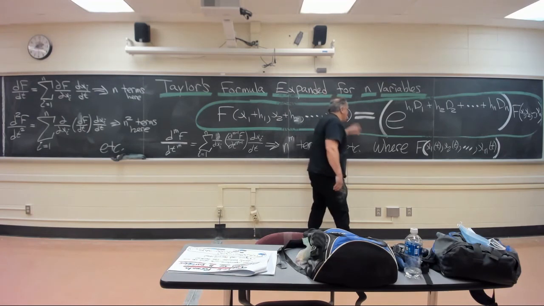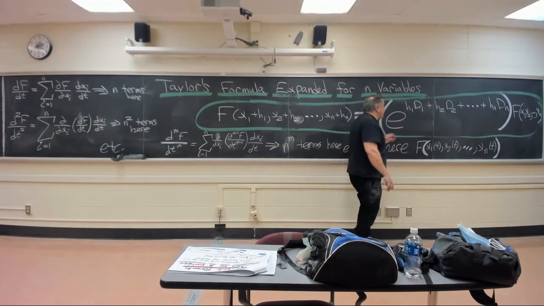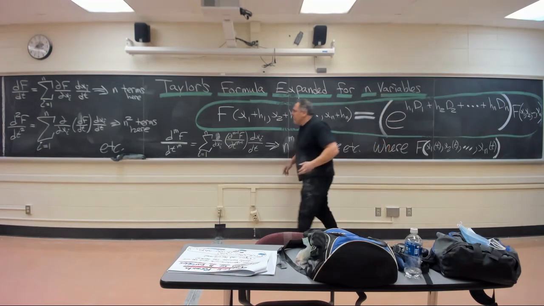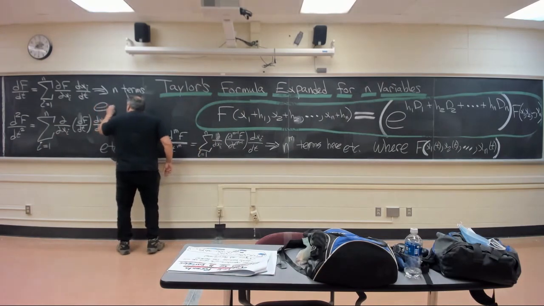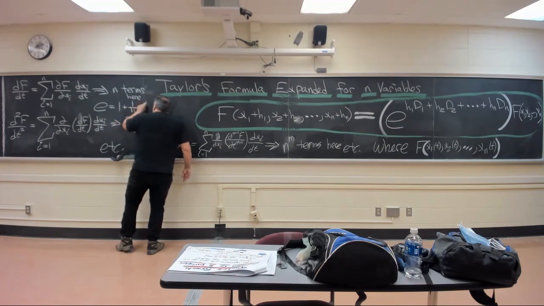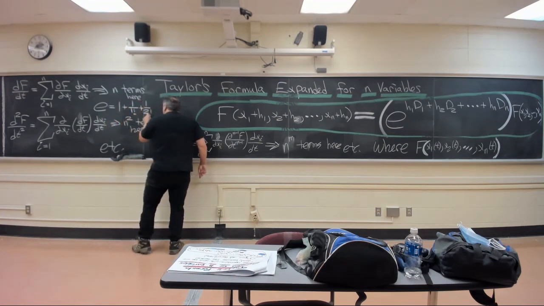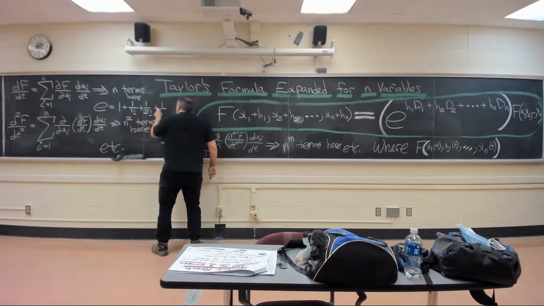The value of F at x sub 1 plus h sub 1, x sub 2 plus h sub 2, through x sub n plus h sub n, is equal to an exponentiation in regard to the number e, which is given by e equals 1 plus 1 over 1 factorial plus 1 over 2 factorial plus 1 over 3 factorial, and so on.